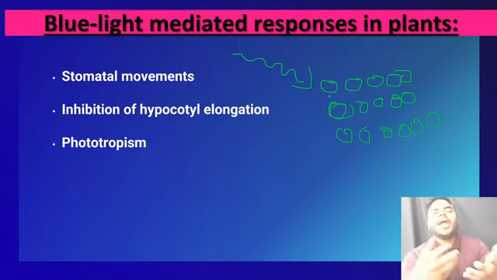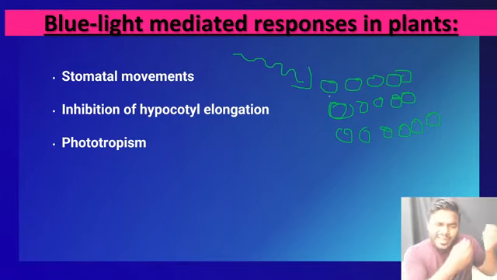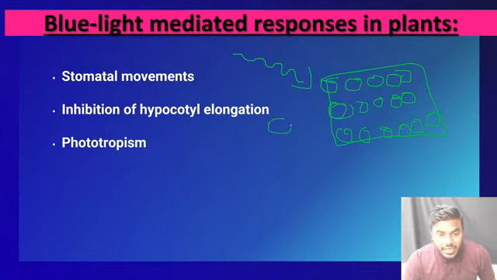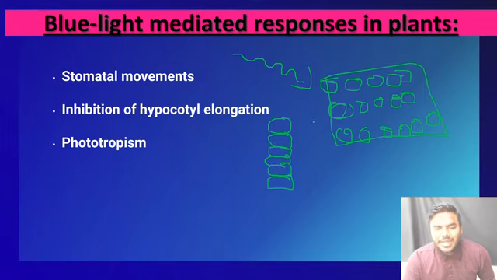So to avoid the damage, to avoid the excess amount of sunlight, you know what these chloroplasts are doing? Look into this. Instead of arranging in a group, they are arranging in a layer. So this is one chloroplast, second chloroplast, third, fourth, fifth, sixth, like grana.